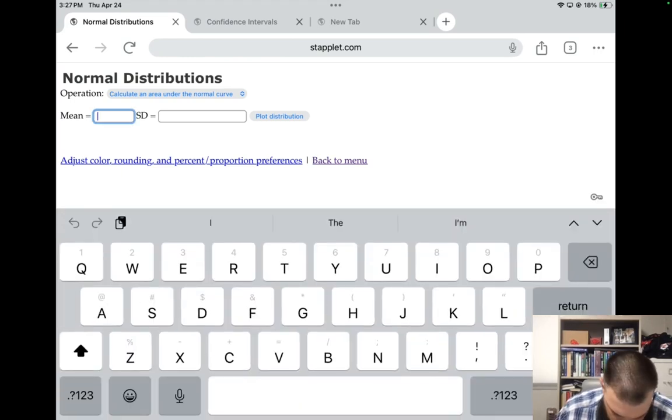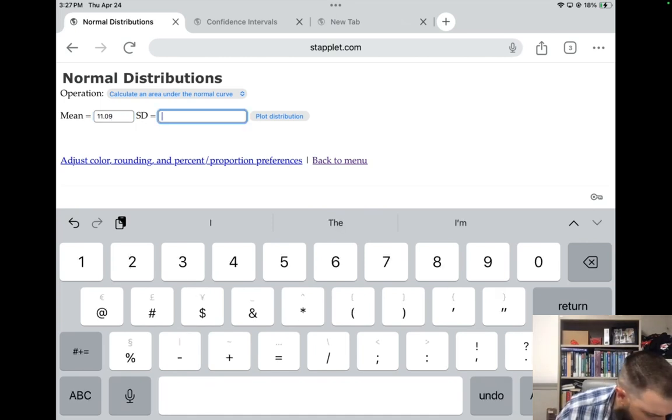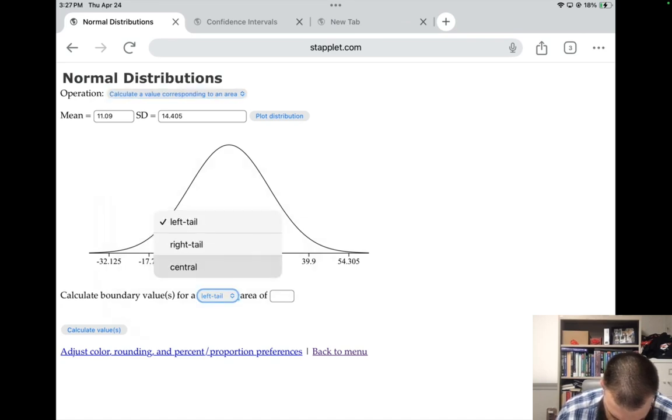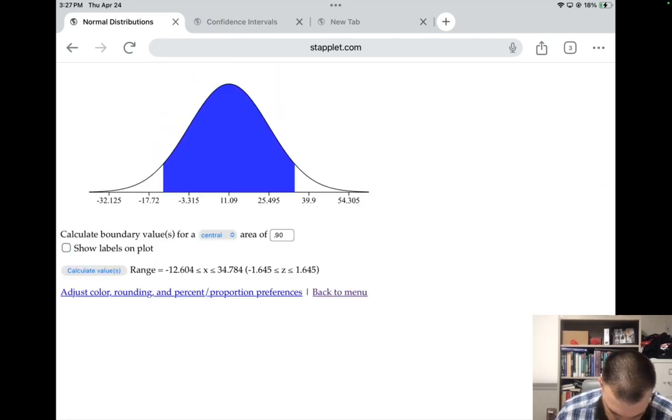So our mean was 11.09. Standard deviation, 14.405. And then we want the central, and we want 0.90. And so there's our z of 1.645.